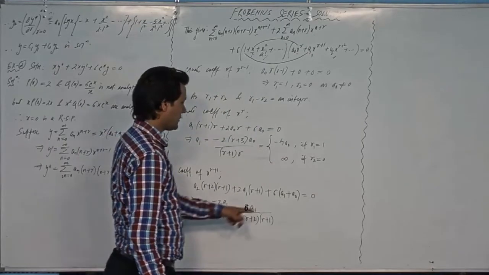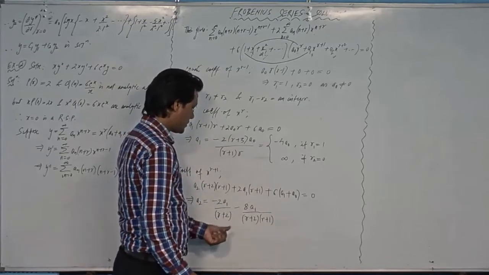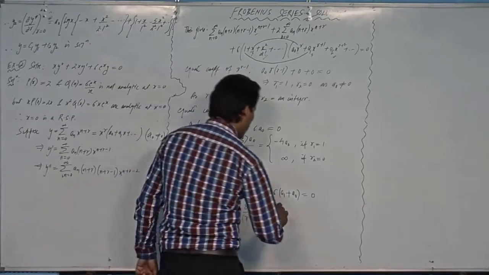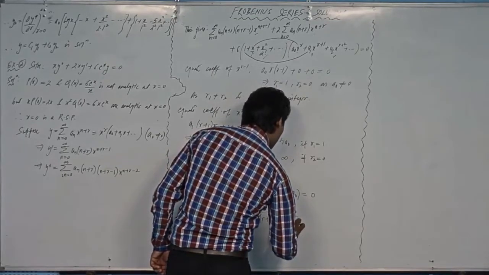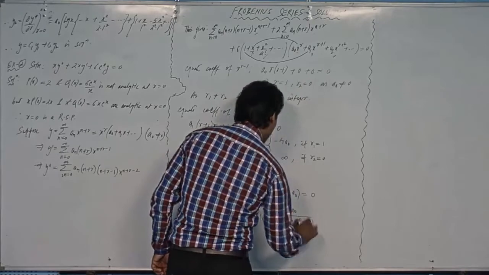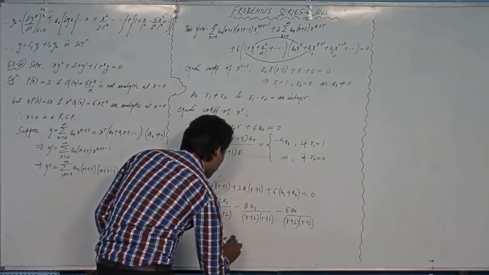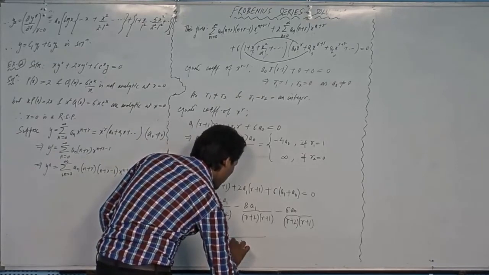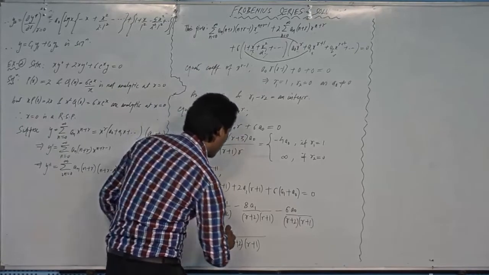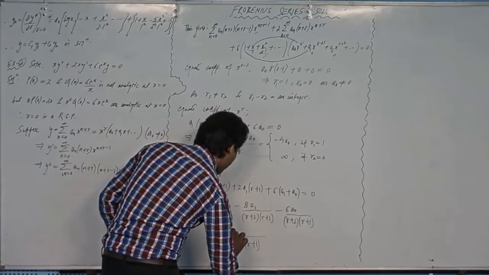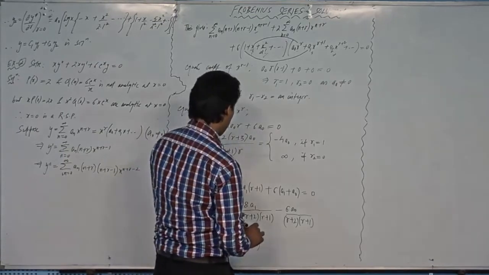Or should I write these 2 terms as 1 term? Okay, fine. Minus 6a0 divided by (r plus 2)(r plus 1), right? So if I take the LCM of these 2 terms, that will become (r plus 2) and (r plus 1), right? Here, r plus 1 should be multiplied with this, so minus 2(r plus 1), and here minus 8 times nothing.